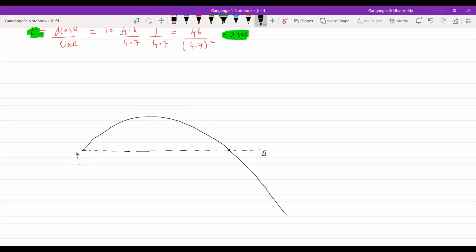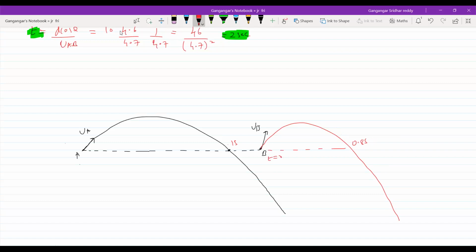Somewhere here is that RA, and this is UA. What about UB? UB is like this. What is the time taken here? 2 seconds. No, sorry. Anybody the value? 1 second, sir. And this is 0.8 seconds.